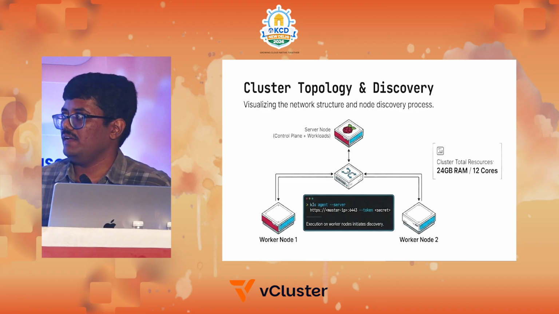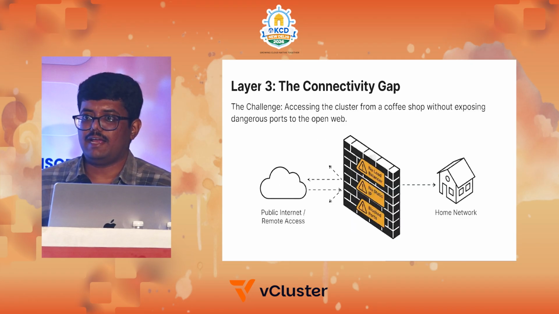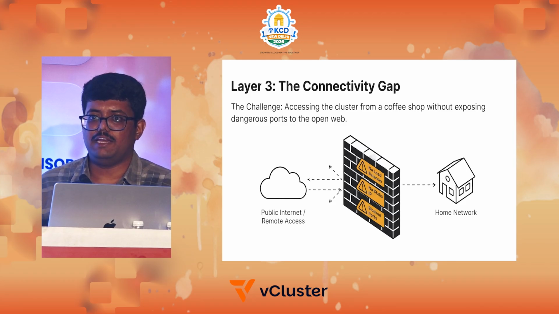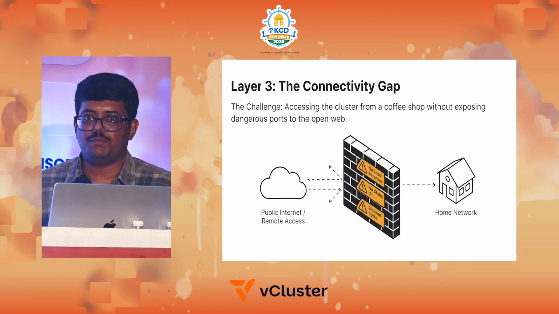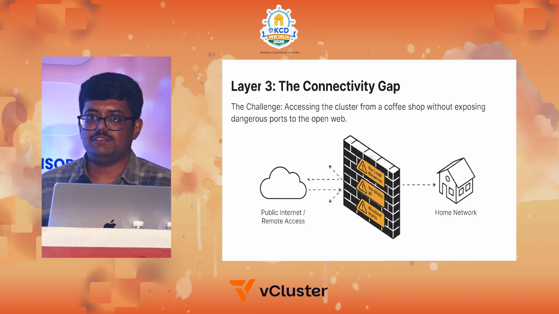Now let's talk about the third layer, which is the connectivity and networking part. As I mentioned in my requirements, I wanted to access this cluster from any part of the world, whether from a coffee shop or from an office.